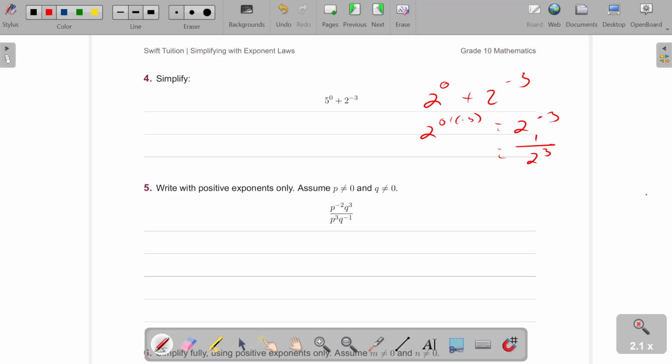That's the same as 1 over 8, and if you did that you'd be absolutely wrong and get absolutely no marks. Okay, so when there's a plus sign, we can't merge and match, even if the bases are the same.